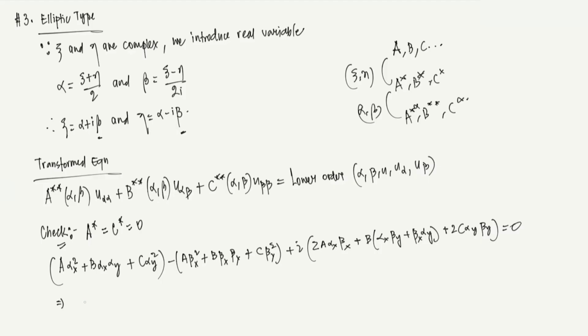You can easily check that this will imply that A double star minus C double star plus I B double star is going to be 0, and again A double star minus C double star minus I B double star is 0, conjugated to each other. And so this satisfies that A double star equals C double star, and B double star is essentially 0.